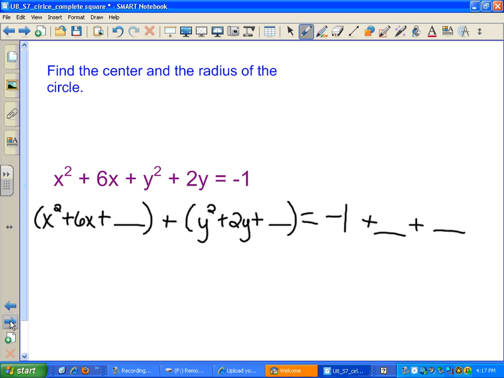So to fill in those blanks, I'm going to take my b value, which is 6, divide it by 2, and then square it. So 6 divided by 2 is 3, squared is 9. So I'm going to put 9 on both sides. Over here, my b value is 2. Divide that by 2 and square it. Well, 2 divided by 2 is 1, squared is 1. So add a 1.